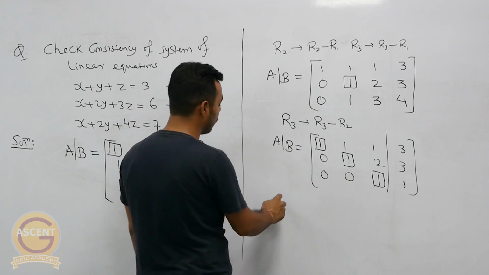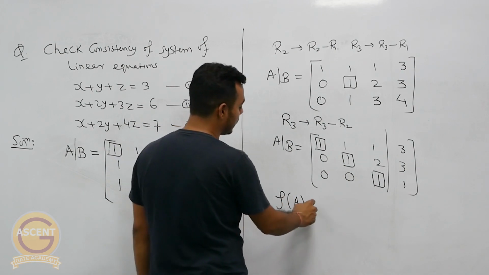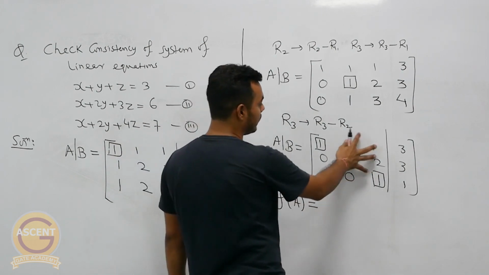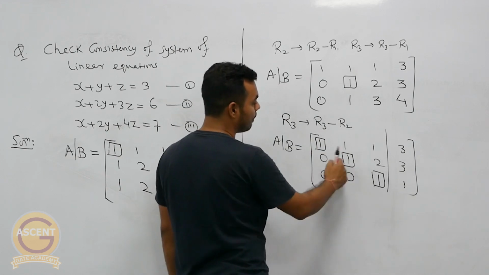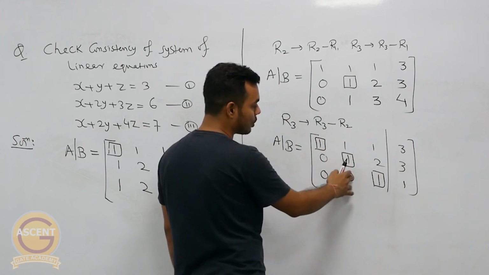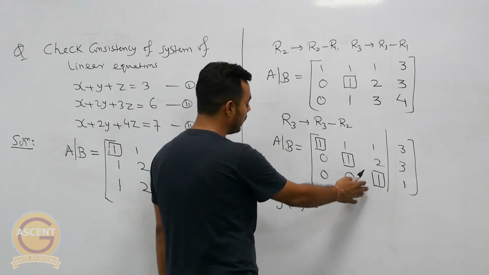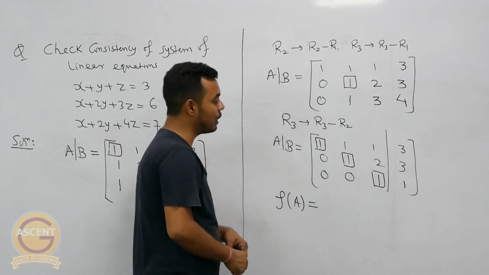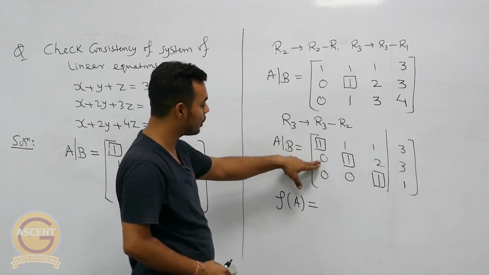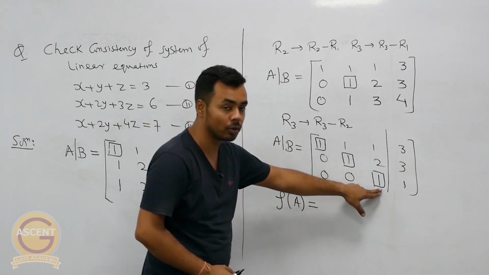Now if I ask you what is the rank of coefficient matrix A, you can easily see that for this 3 cross 3 matrix, these three columns, first column, second column and third column, all the three rows are non-zero rows. R1 is non-zero, R2 is non-zero, and in R3 also we have a non-zero entry.